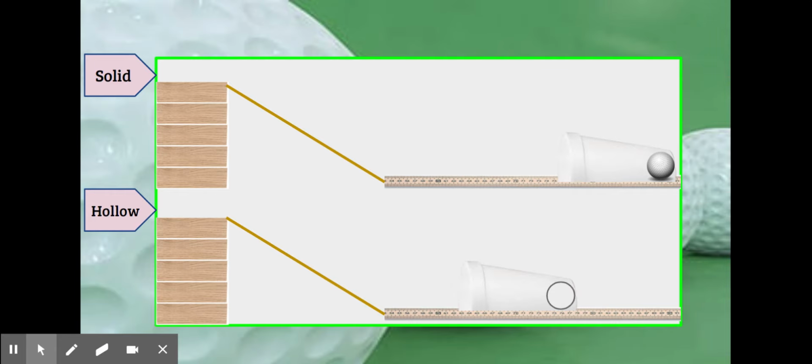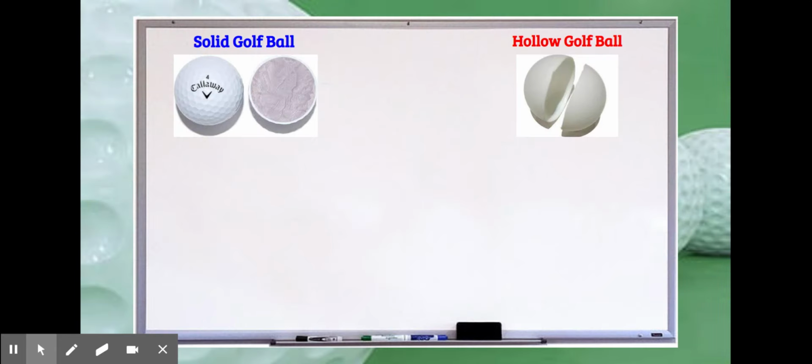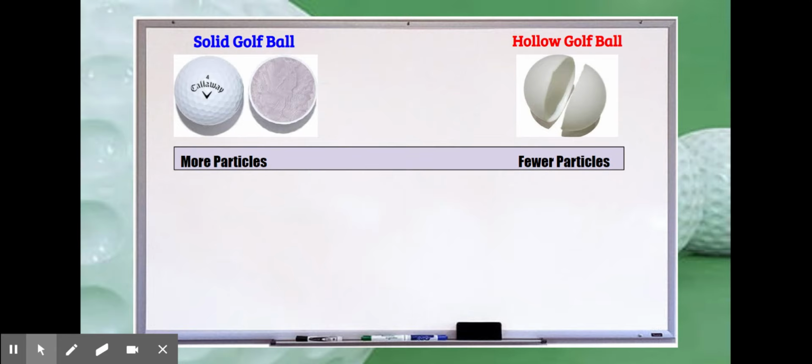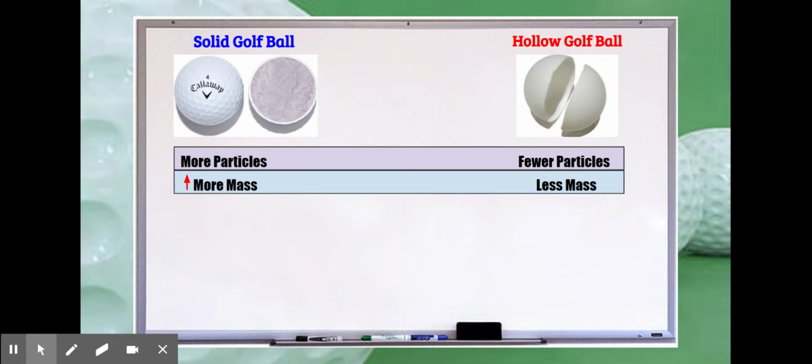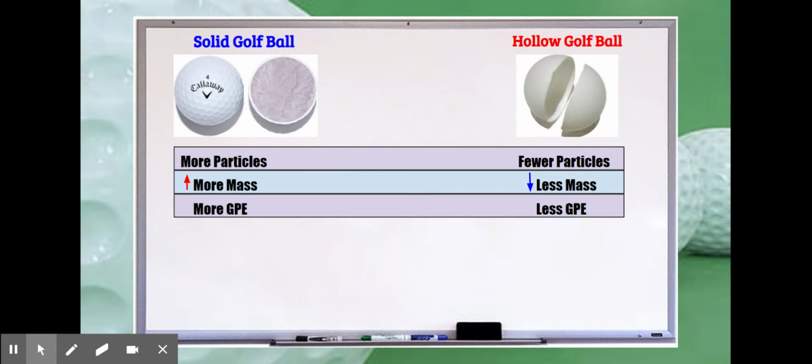So what that told us is that the solid golf ball, because it's made out of more particles, is going to have more mass. And because the solid golf ball has more mass, it's going to have more GPE, even at the same height. So at a release height of 5 blocks, the solid golf ball has more GPE than if we were to place that hollow golf ball on the same 5 blocks.